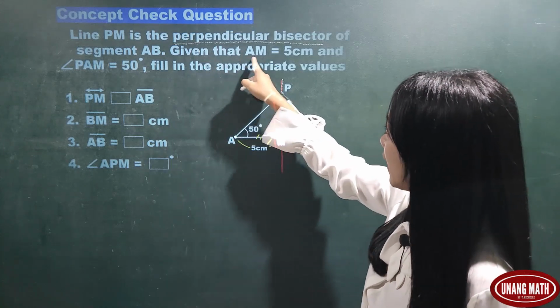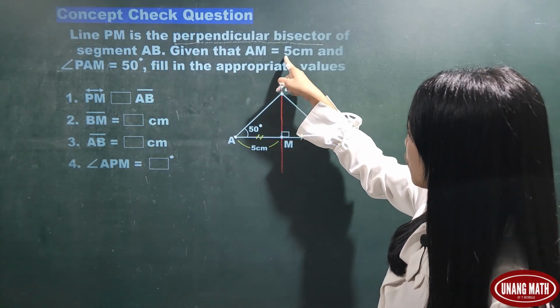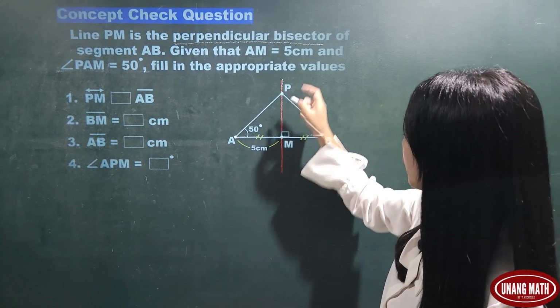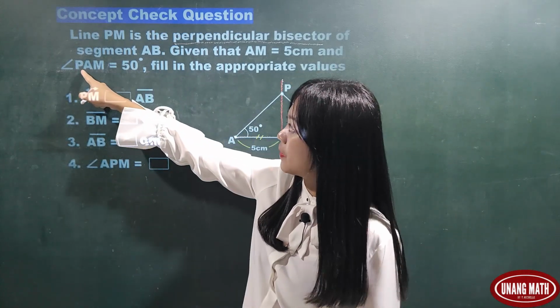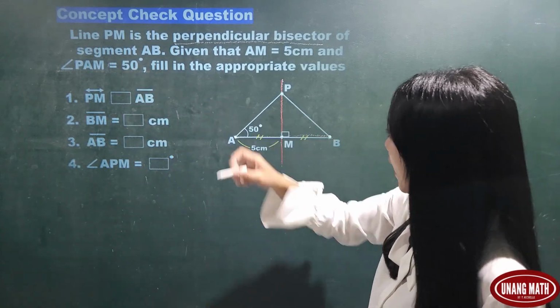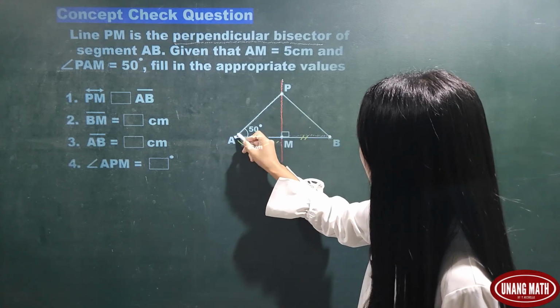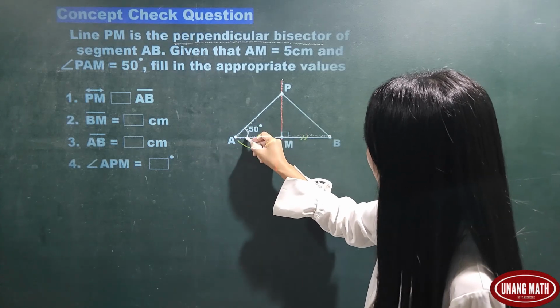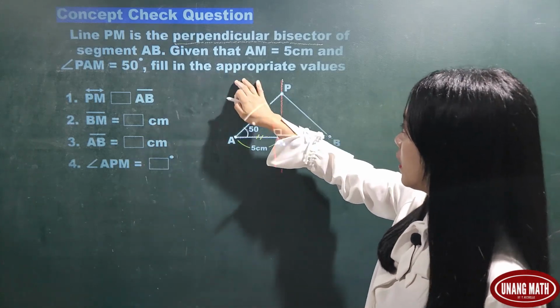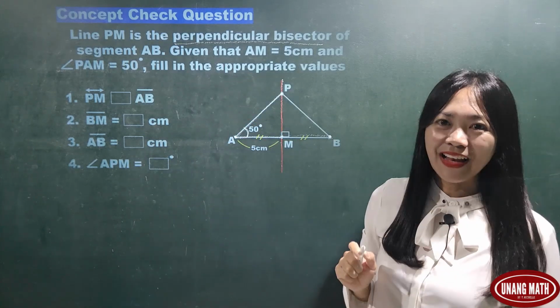Given that segment AM is equal to 5 centimeters, and angle PAM is equal to 50 degrees. So where's angle PAM? This angle, this is 50 degrees. We have to fill in the appropriate values.